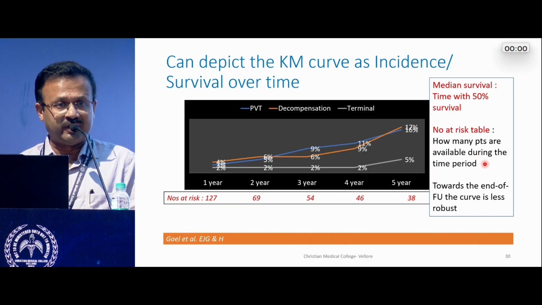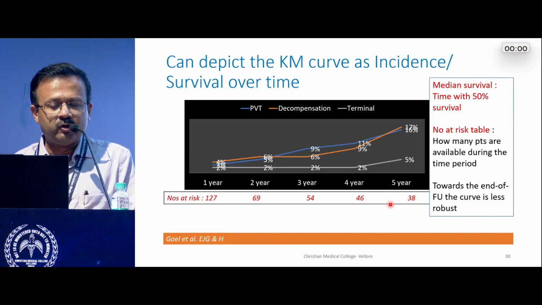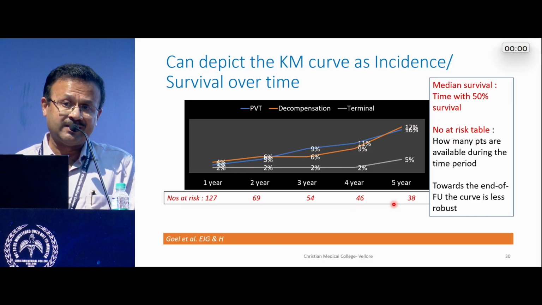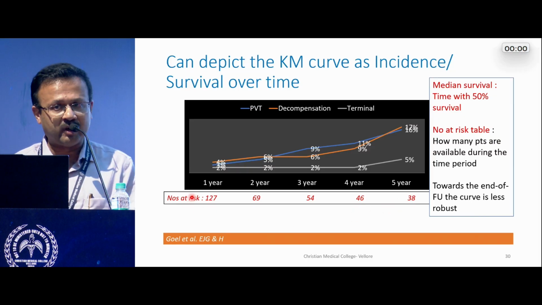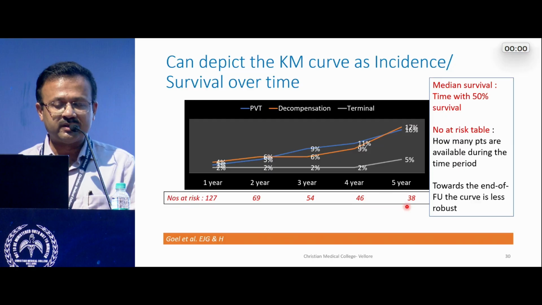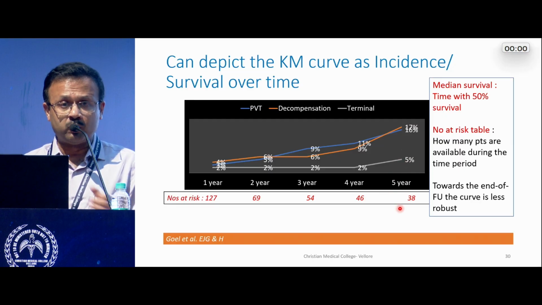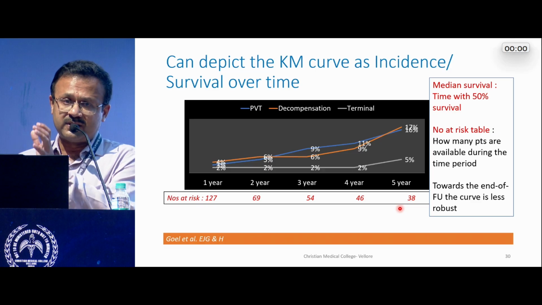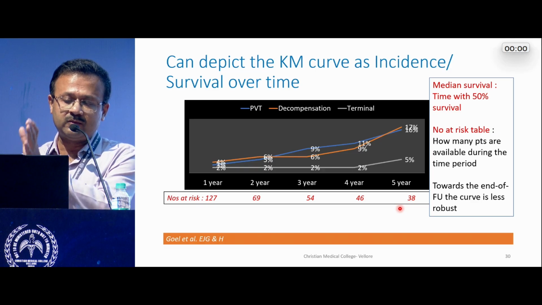And you can see towards the end of the study, that is at the 5-year, 10-year period, we had much fewer numbers than we started at. We started at 172, but we lost quite a few of these patients to follow-up. So the robustness of the figures will be much lesser towards the right-hand side of the curve.